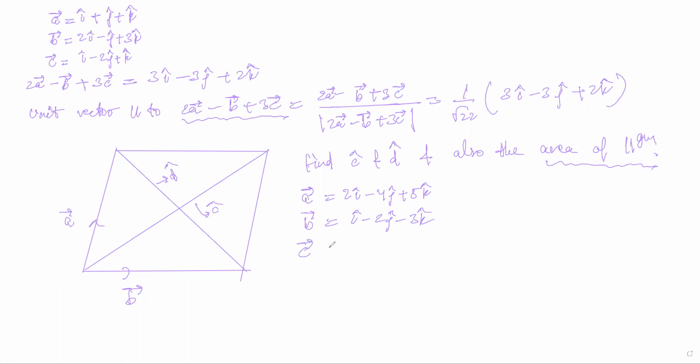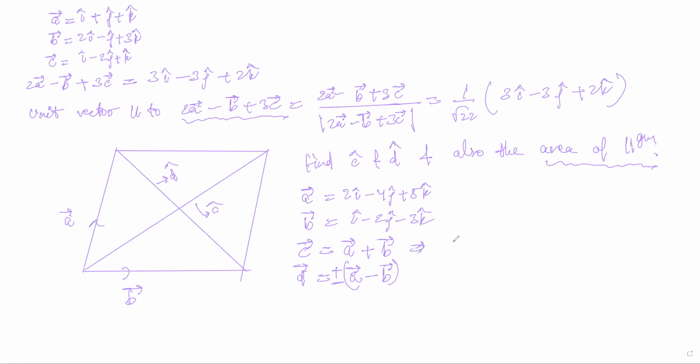If you write the C vector, that can be written as A plus B. And the D vector can be written as A minus B or B minus A, right? So just write plus minus with this.